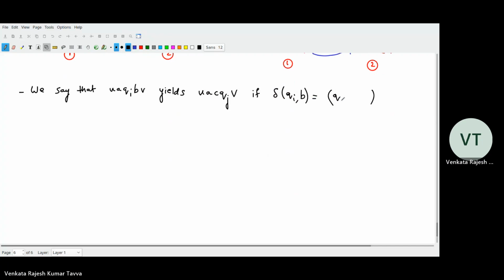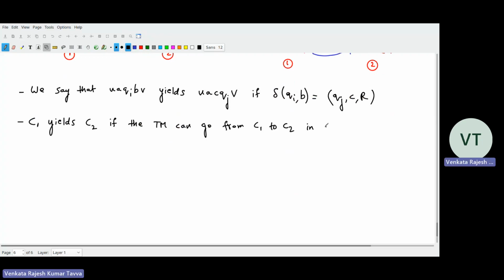QJ C R. Here QI was pointing to B, then it changed it to C and moved one step right. Okay. C1 yields C2 if the Turing machine can go from C1 to C2 in a single step.